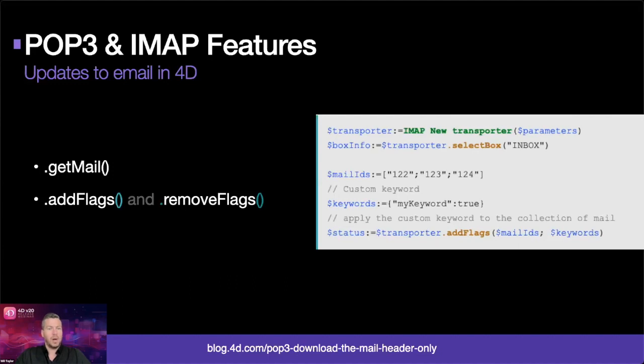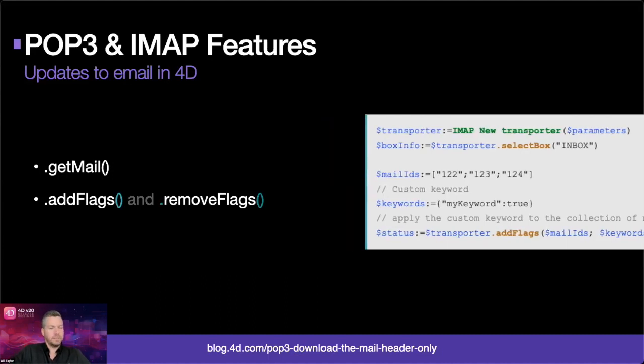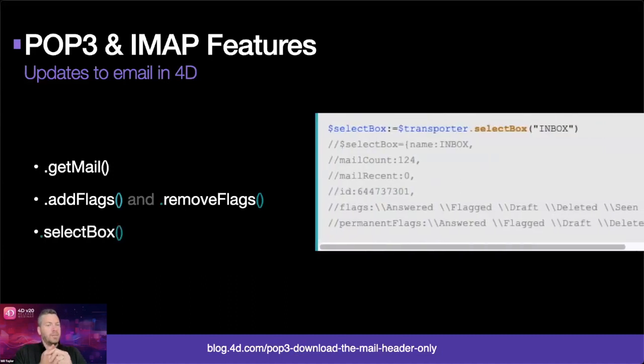And the selectBox function returns the list of flags allowed in the current mailbox through the .flags and .permanentFlags attributes. So people, if you are integrating with POP3 and IMAP email, we recommend you go to v20 to support your new features, the new out-of-the-box features. So super cool.